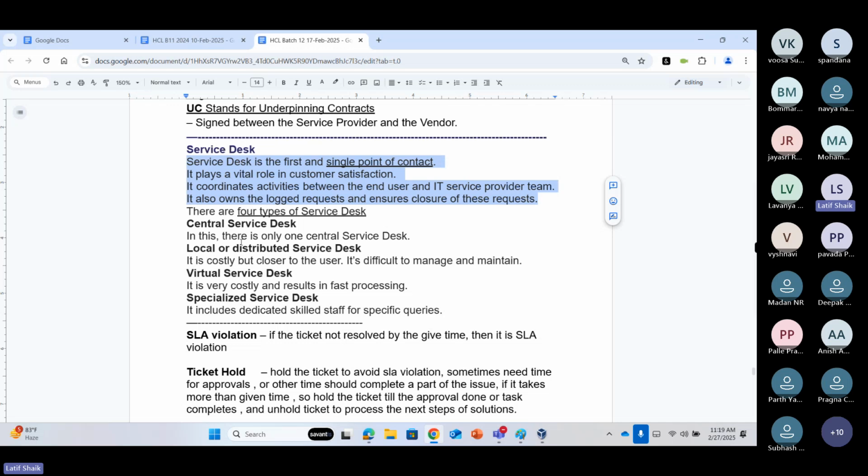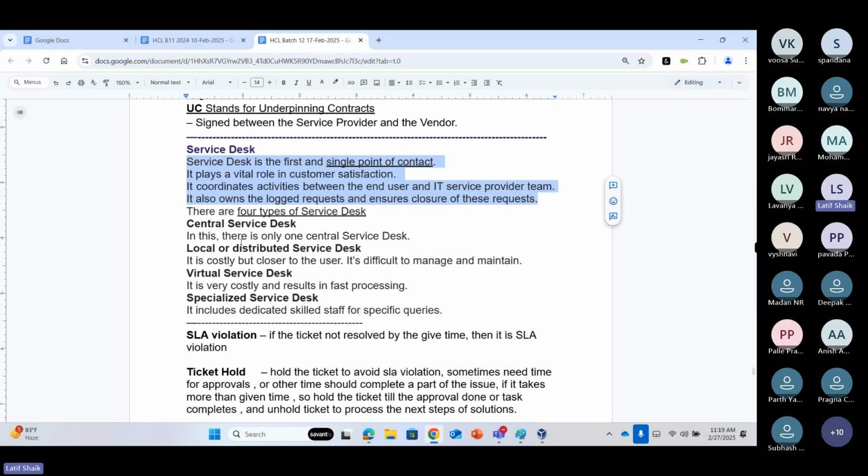Instead of getting different issues from different locations, I will get them from one location only. But if more distributed service desks are there, it is difficult to manage, and it is costly to establish.